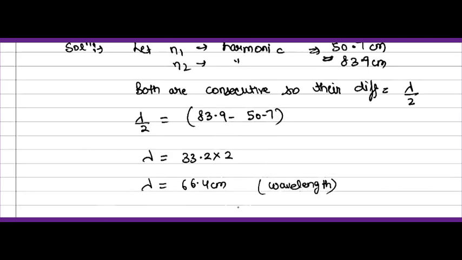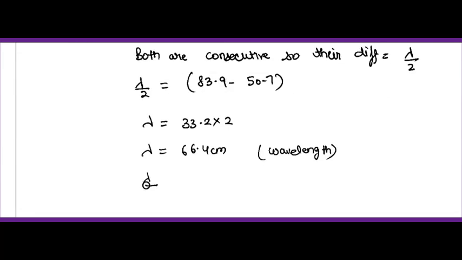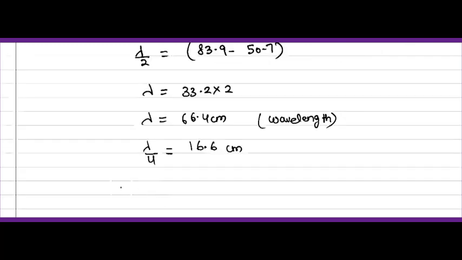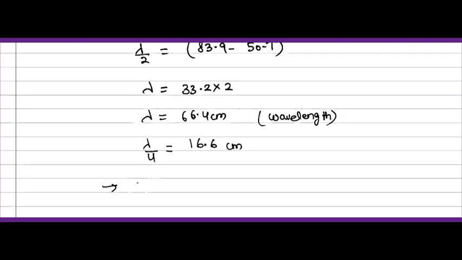This is the wavelength, and wavelength divided by 4 is 16.6 centimeter. The length of the corresponding mode must be close to lambda by 4, and 50.7 must be close to an odd multiple of 16.6, that is 16.6 into 3. So from this we can say that 50.7 is the third harmonic.